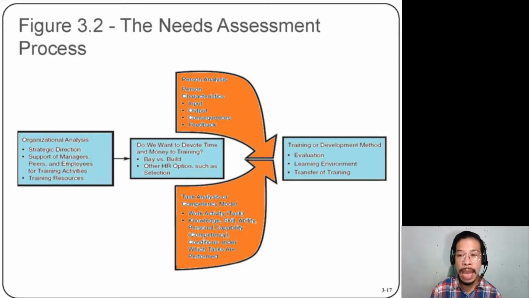Right? And after we have analyzed the organization, we will proceed to the next section, and that is: do we want to devote time and money to training? Is it a yes or no? Or do we have an option to venture into external training, or are we going to outsource training, or are we going to talk with the HR department on how we can perhaps change or modify some aspects of the organization, right?